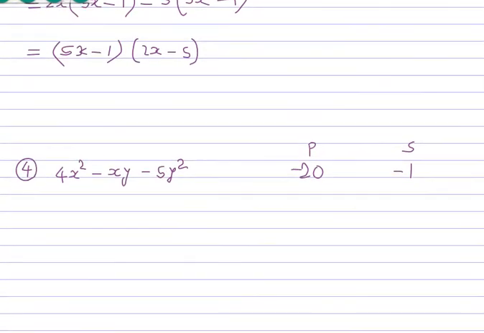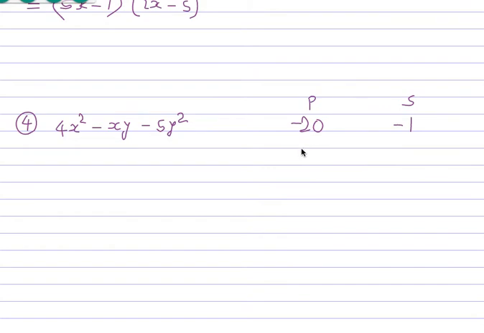Okay. So 4 and 5, their difference is 1. Okay. Larger number, negative. So 4 times negative 5, which is negative 20, and 4 minus 5, which is negative 1.